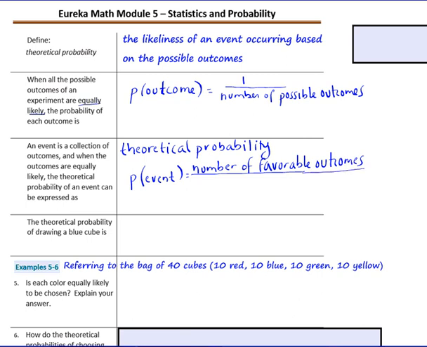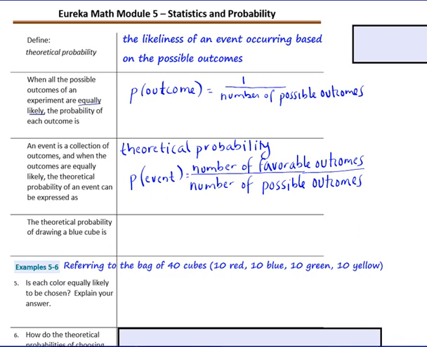And then we compare that to the number of possible outcomes. So favorable outcomes, that's what you want to happen. And possible outcomes, that is the different things that could happen.